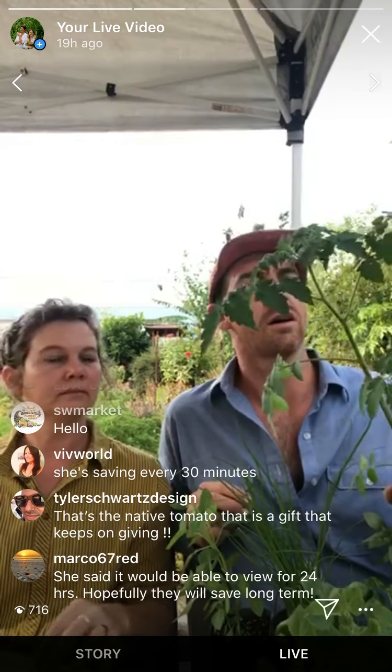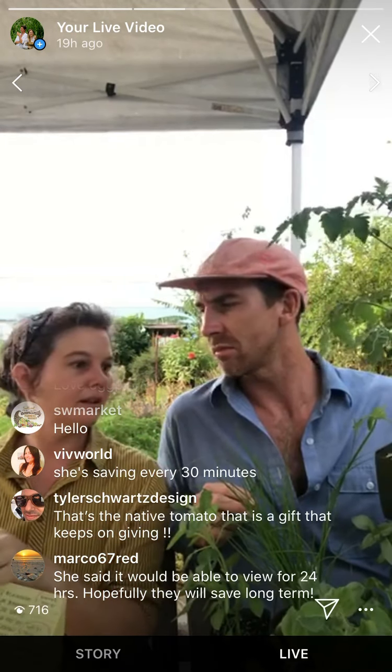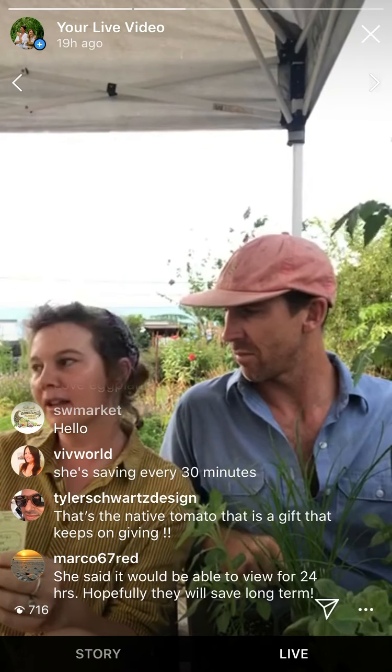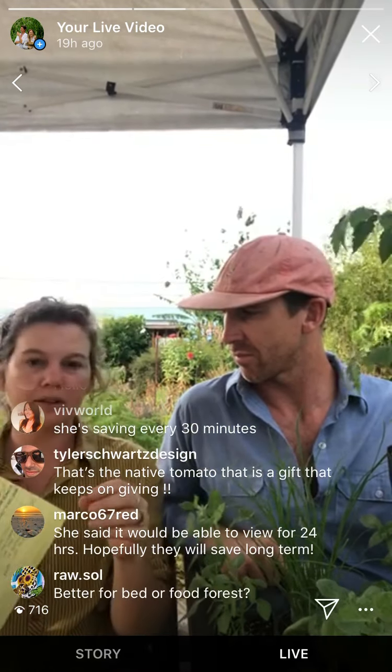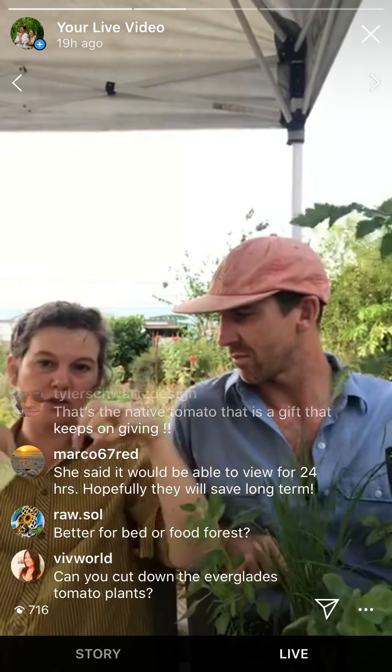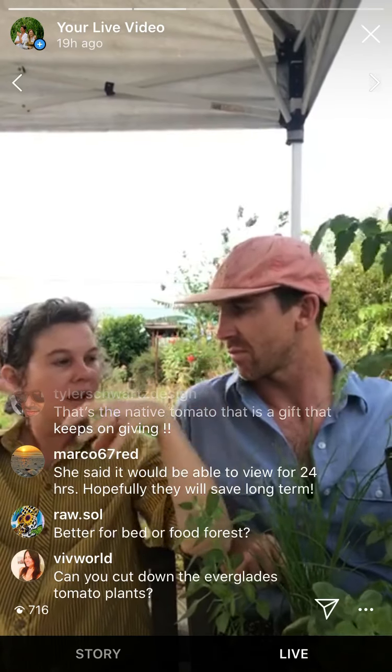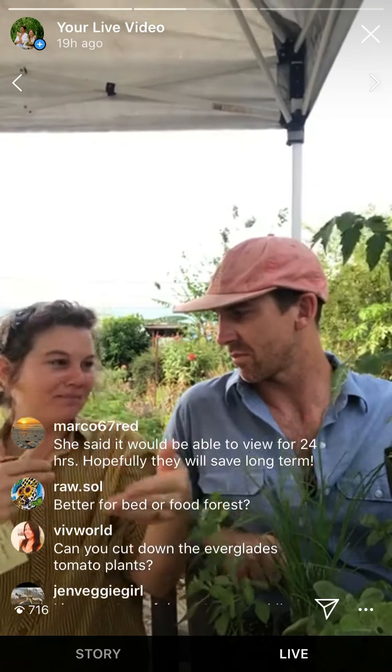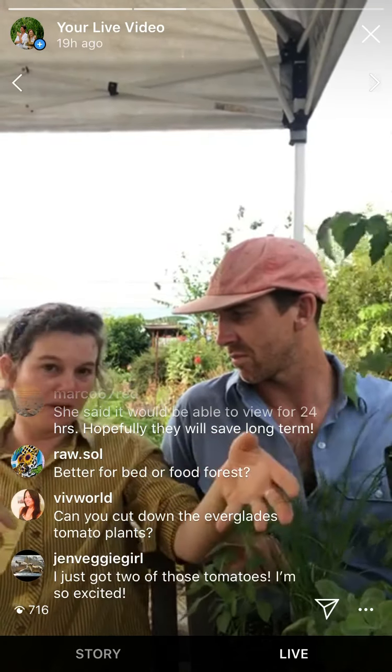What else about Everglades cherry tomato? I like to tell people not to trellis them. Yeah, they don't really want to be trellised. They branch like crazy, and what I like to do is when I plant my Everglades, I'll prune some of the suckers off down at the base for a while so that I get 2 or 3 strong leaders with like a nude first foot of growth.